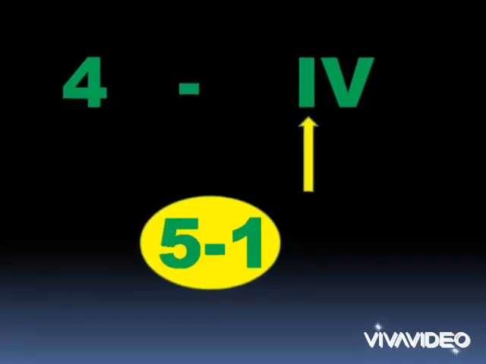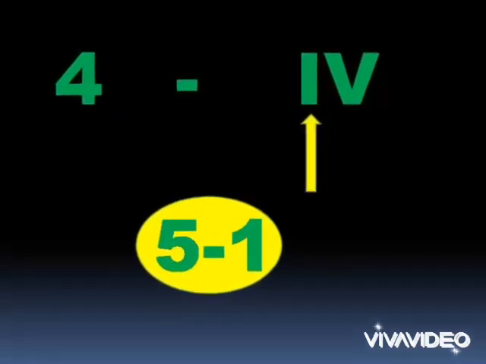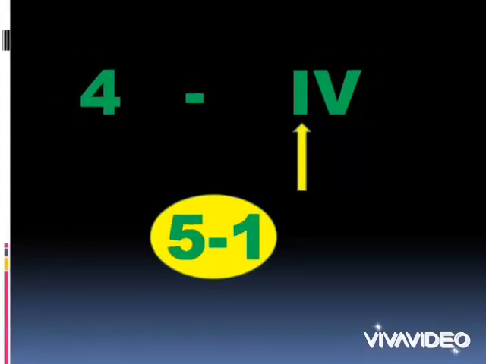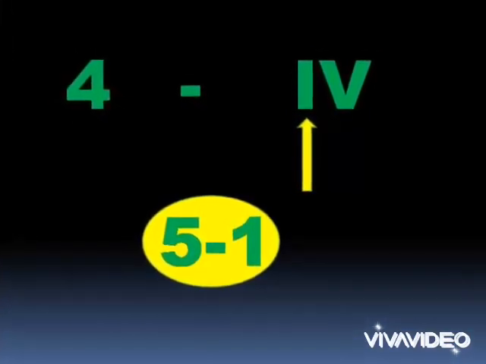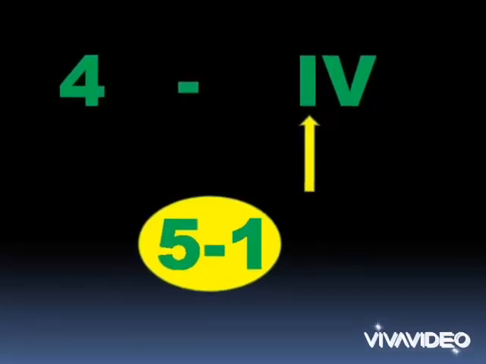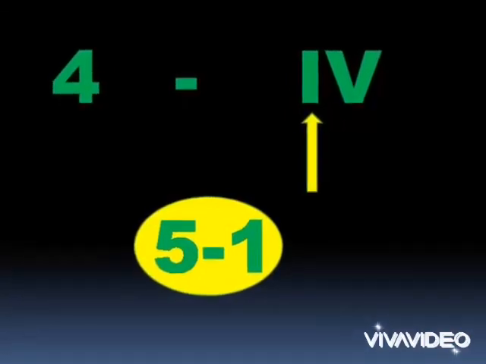Now I is smaller in value than V. So the value of I, which is 1, is subtracted from 5. So that makes it 4. 5 in Roman numerals is represented by V.